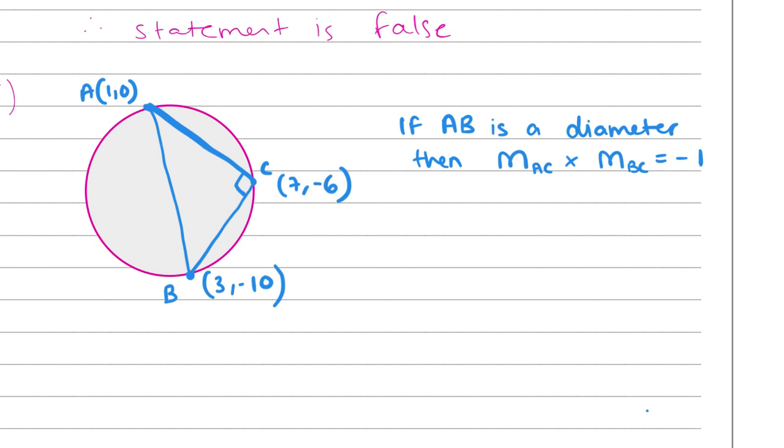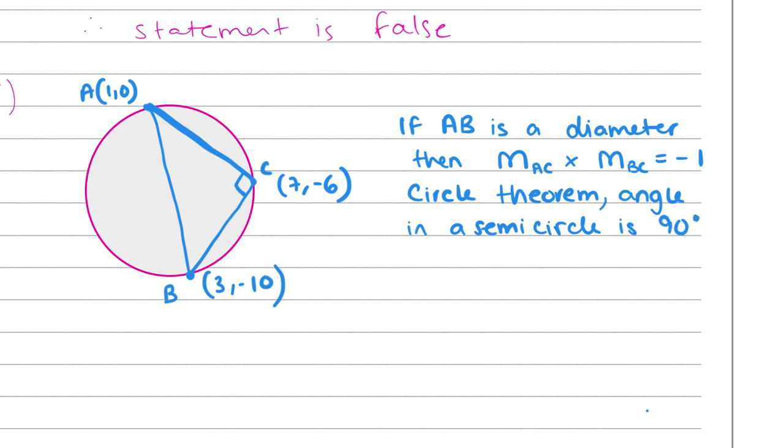That's because angles in a semicircle create 90 degrees at the circumference. So you can even put in the circle theorem. Circle theorem: angle in a semicircle is 90 degrees. Okay, so then let's start proving.